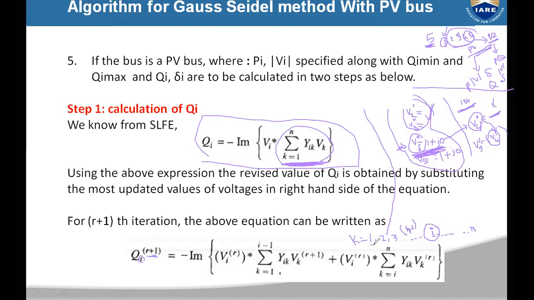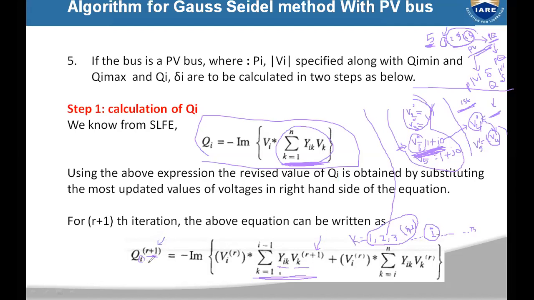From 1 up to i minus 1, you sum all the terms of Yik Vk, which is sigma k equal to 1 to i minus 1 of Yik Vk at (r plus 1). This is the (r plus 1)th iteration you are doing.